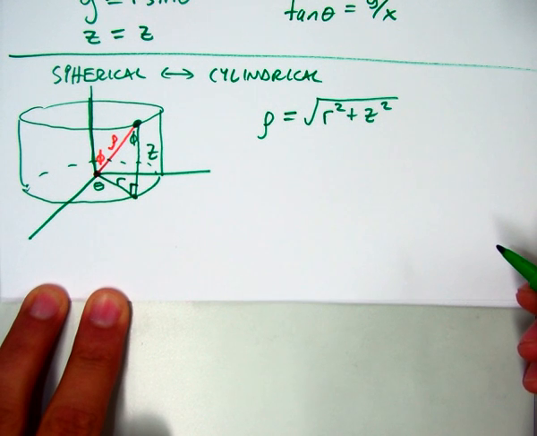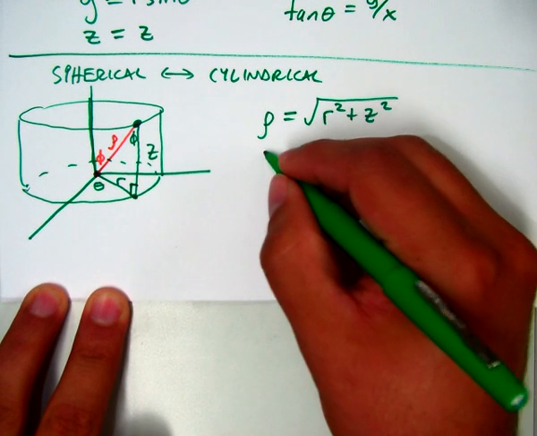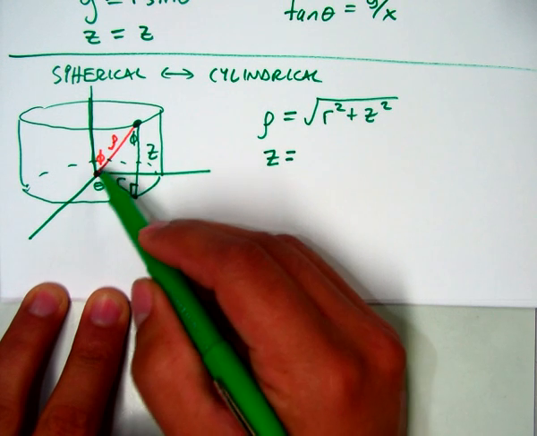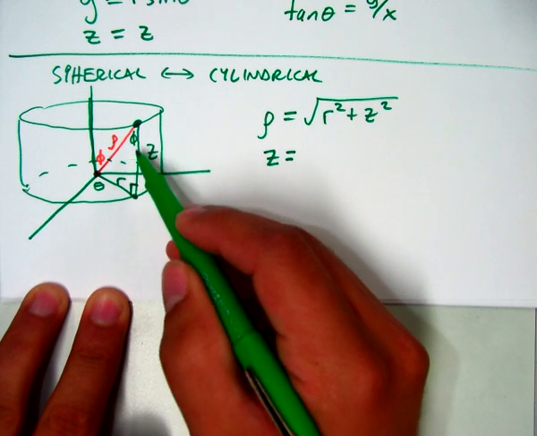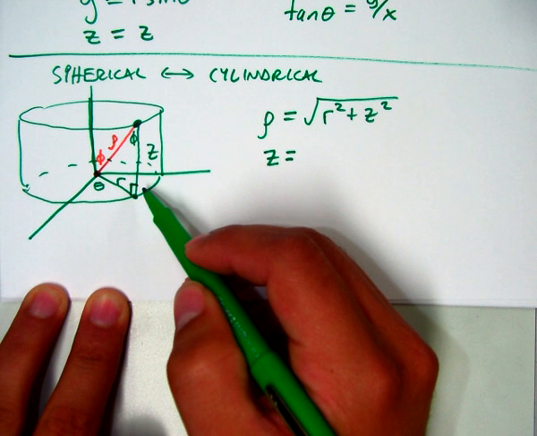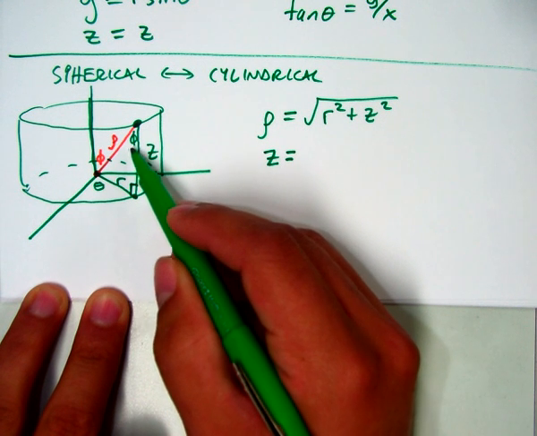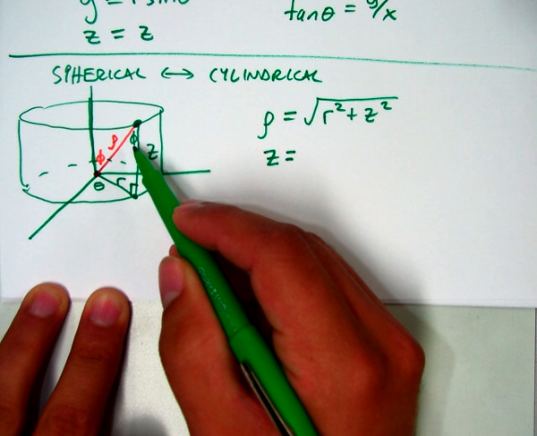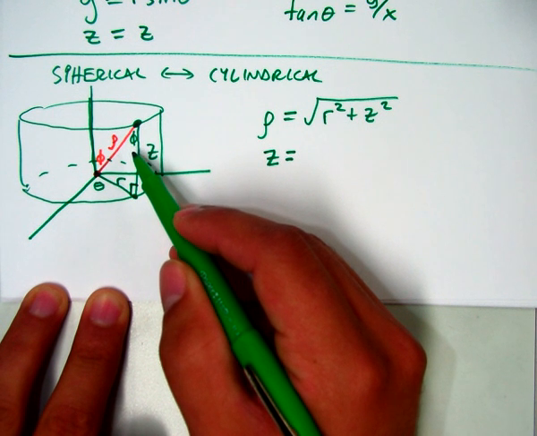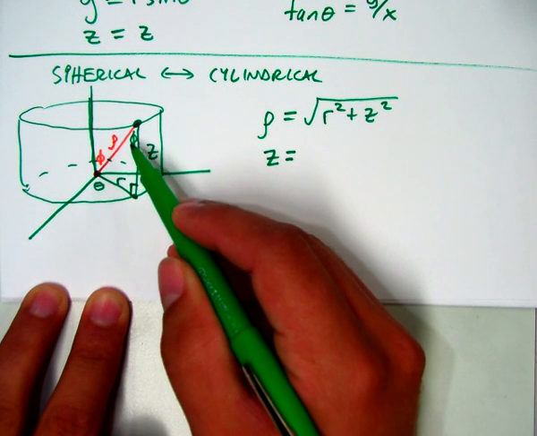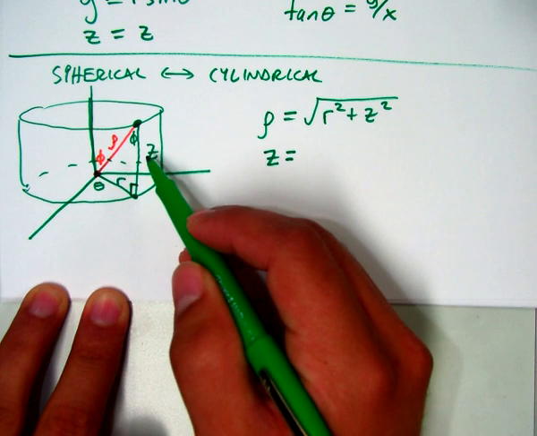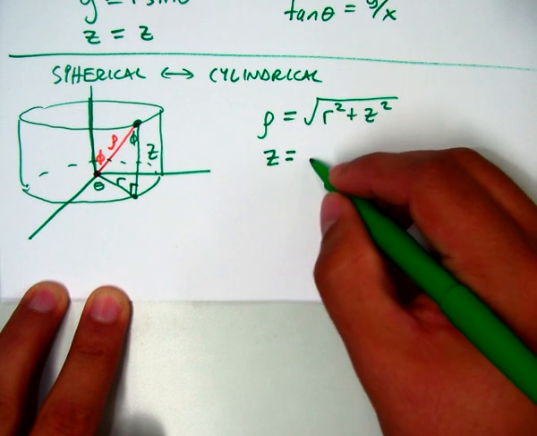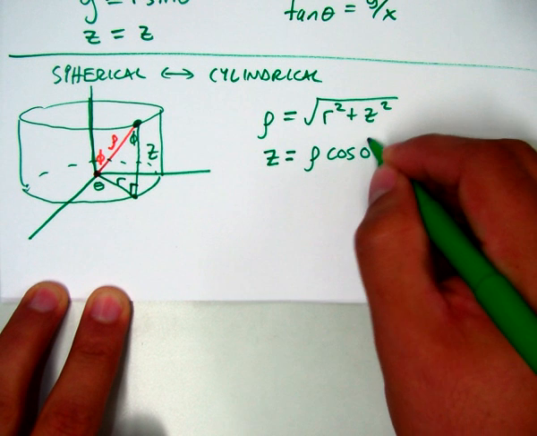Now if I know the hypotenuse and I want to find z, here's the only angle in the triangle I have, right? This z would be adjacent to that angle. Does that make sense? If you're using SOHCAHTOA, you can say cosine phi is equal to z over rho. So in other words, z would be rho cosine phi.